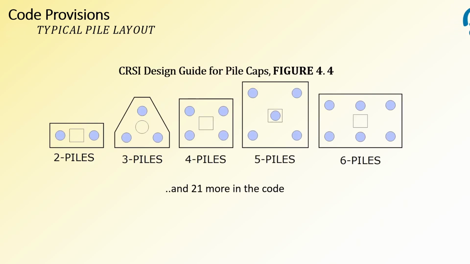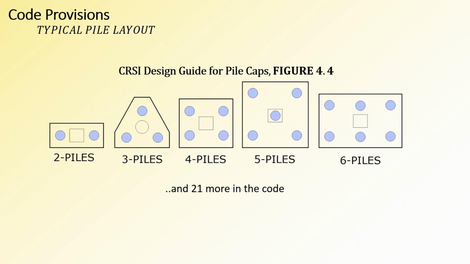The shape and dimensions of a pile cap are fundamentally determined by the pile layout, which is based on design calculations and the requirements of applicable code provisions. However, some codes, like the CRSI Design Guide for Pile Caps, provide typical pile cap sizes and shapes for various numbers of piles, as illustrated in Figure 4.4.